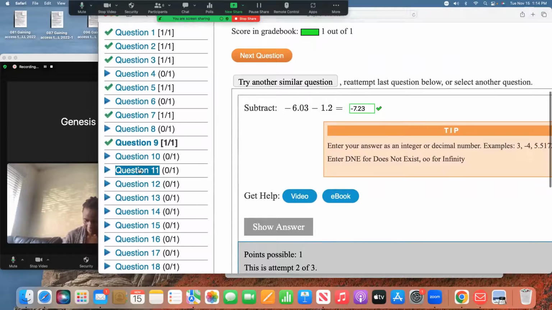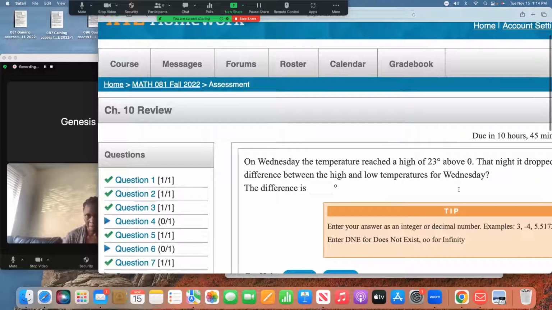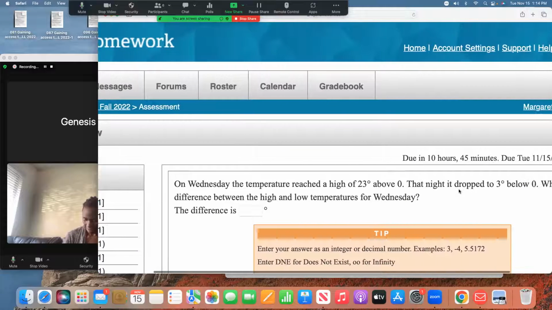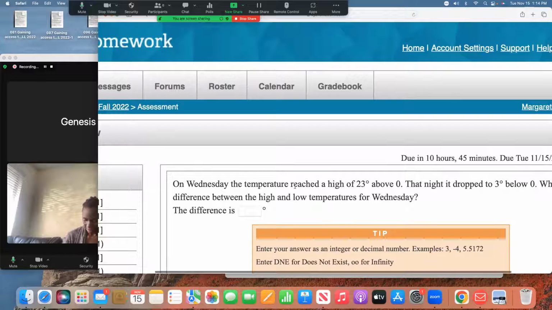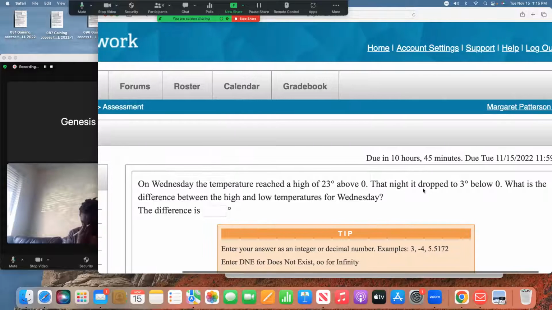Let's go down to this one. Okay, we have to read it. I hate reading. On Wednesday, the temperature reached a high of 23 degrees above zero. That night, it dropped 3 degrees. It dropped to 3 below.